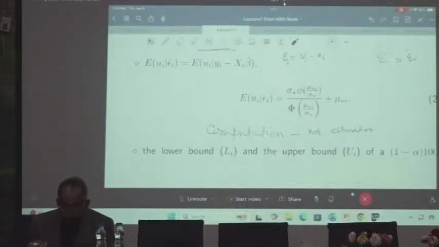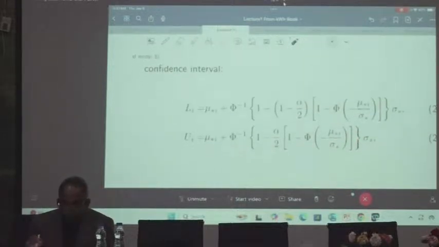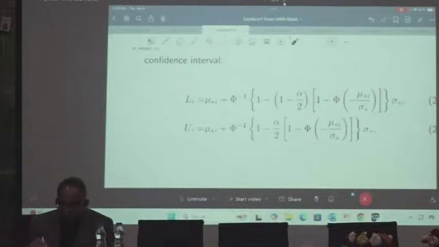Anyway, in statistics, we talk about point estimate and also interval. These are formulas for the confidence interval. This has notation like big phi, which is the cumulative distribution function. It looks complicated, but these are functions of parameters that are already estimated. So this is plugging in the estimates in the function, and no matter how complicated the functions are, when you put the numbers in there, ultimately you'll get a number.